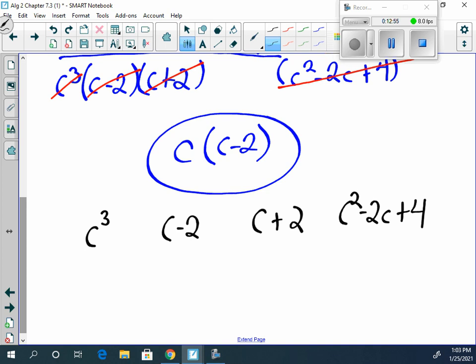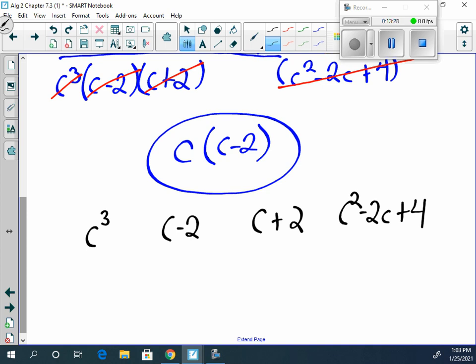It is factorable, but we get imaginary factors. We have i. So since we don't have any real factors, is there any value of C that I can make this thing become 0? Well, no, because there are imaginary solutions. There are no real solutions for this here. So if there's no real solutions, will C squared minus 2C plus 4 ever be 0? Well, no, because if it has solutions, that's the values of the variable that will make it equal 0.